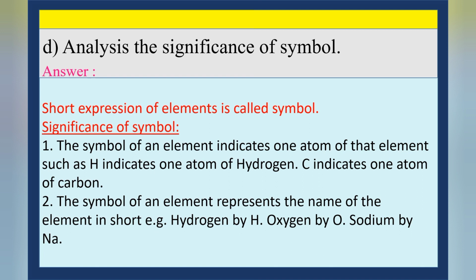What is the significance of the symbol? The symbol of an element indicates one atom of the element. What does it mean? Here, such as H indicates one atom of hydrogen, C indicates one atom of what? Carbon. So both of them are representing what?